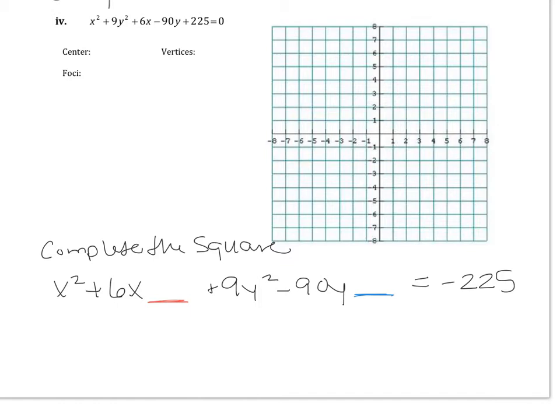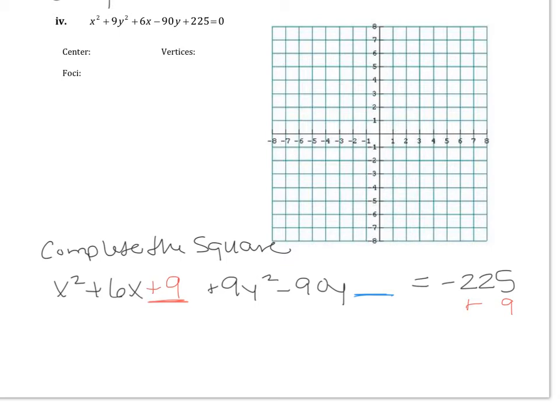Okay, so to complete the square on the x squared plus 6x, again, remember that we're taking half of this value and squaring it. Right, so half of 6 squared, half of 6 is 3, square it is 9. So we're going to add 9 here, but because we added 9 on the left side, we're going to have to make sure that we add 9 on the right side.